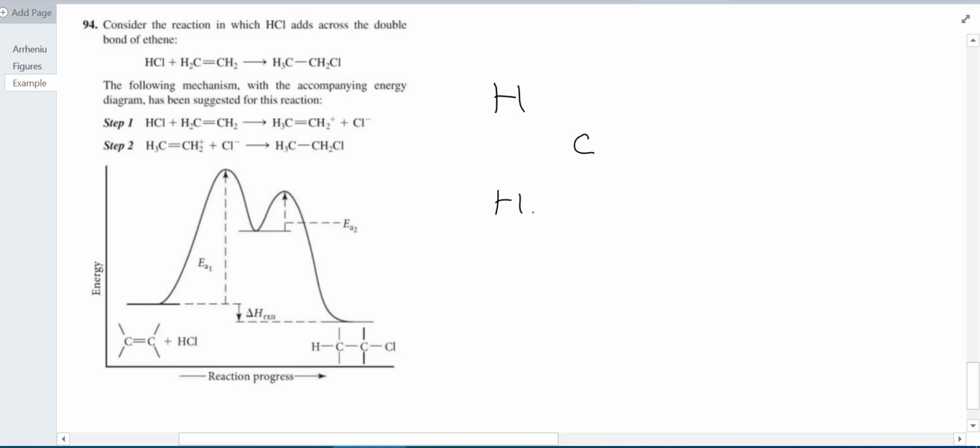HC, HC, HH. Those bonds are staying. Those bonds are going to be broken. H and Cl are coming in. One of the orange bonds is breaking.